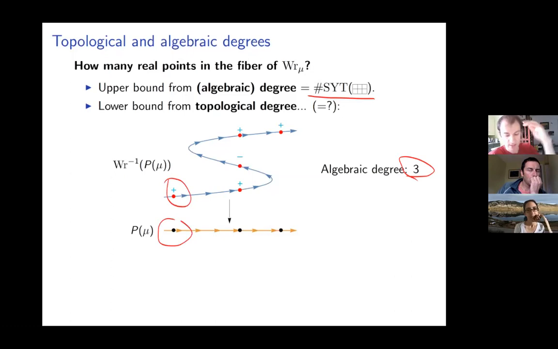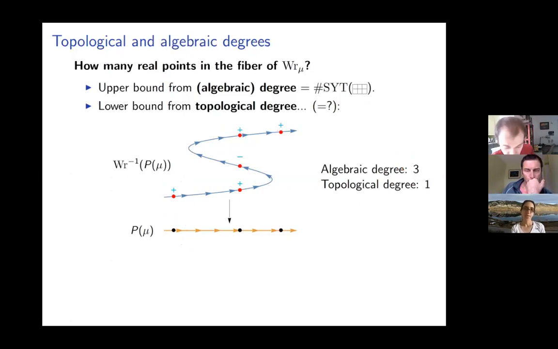So that point has a plus because it's the same way. In the middle, we have a plus, a minus, and a plus. And over here, we have a plus. And you will notice that if you add those all up, you get plus minus plus equals 1 plus 1. And so this number, this plus or minus sign count, is a fiber invariant. And it is the topological degree of this map.